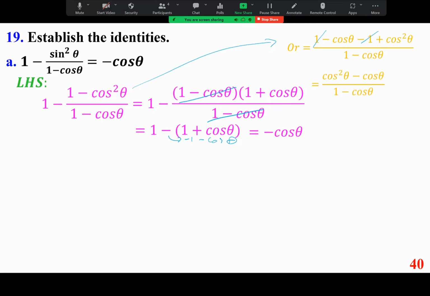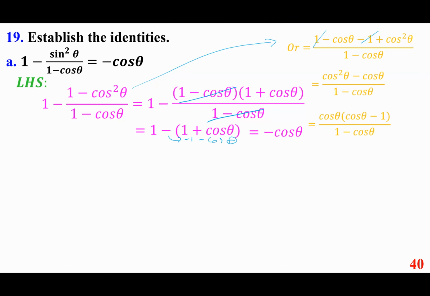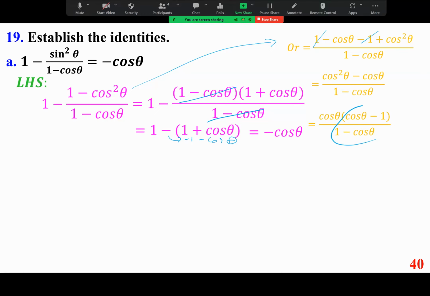Factor out the cosine theta. And I hope you realize these two are not identical. They are opposite. So one cancels the other, but it produces a negative sign, minus cosine theta. I showed you both methods because sometimes there are different methods, and which one is easier, ultimately, it's your choice.